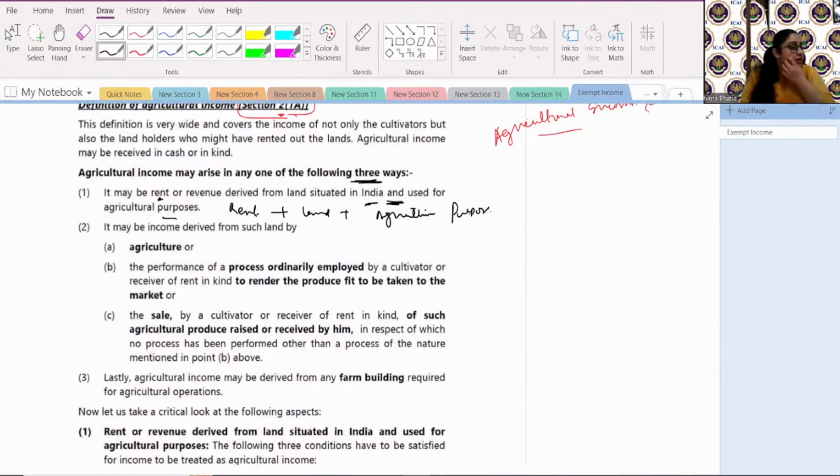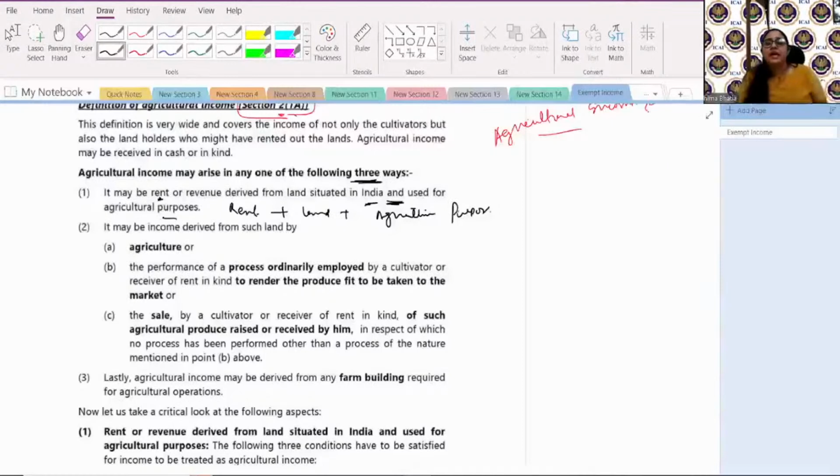So I have given a farm, a land of mine, to some other person who is doing agricultural activities on it, and I'm getting the rent from it. That rent is my agricultural income.